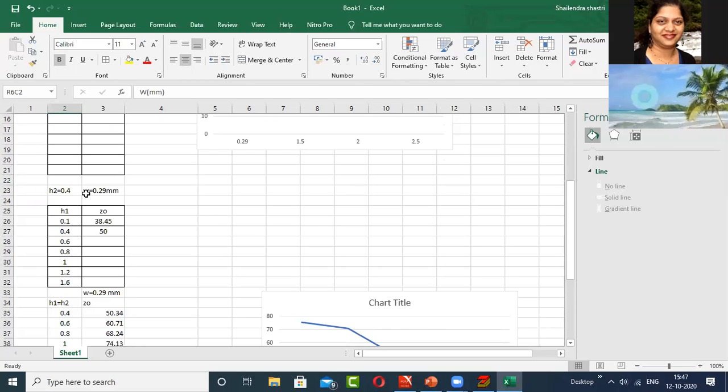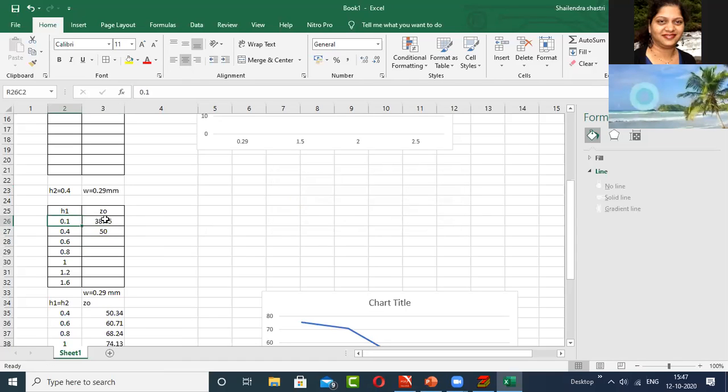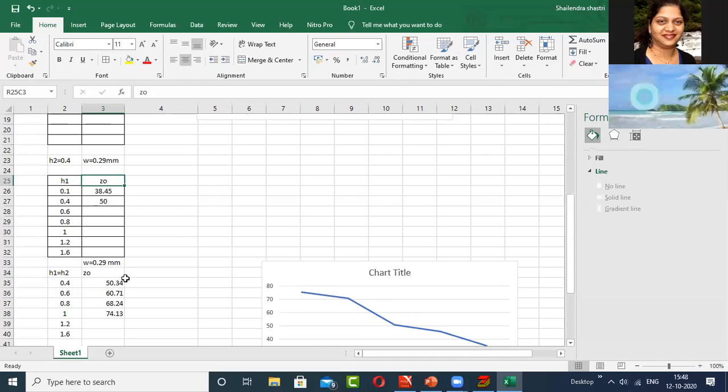Okay, the asymmetric nature, but it has got a limitation in that software, that this quantity should be larger than or equal to this. So I think you can have more readings for this. It means H2, the height of one substrate, is different than the height of the other substrate, and its impact on characteristic impedance.